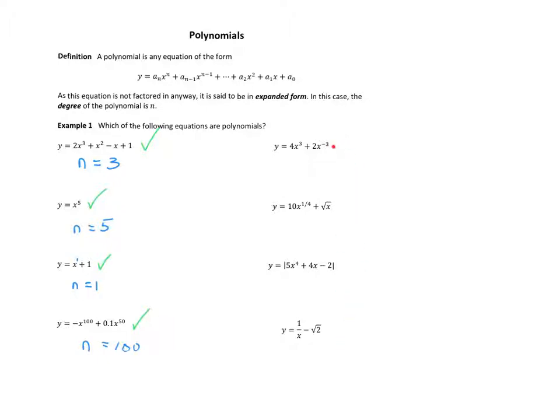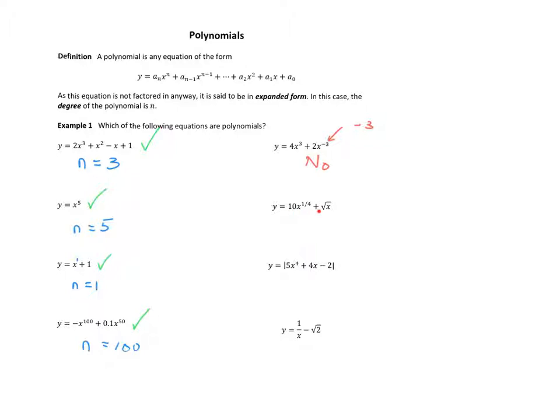Starting with this one here, it kind of looks like a polynomial, but the problem is we have this -3 exponent. And in the definition, all the exponents are either positive integers or there's a number at the end. So just because of this, this is not a polynomial. So I'll just put no, not a polynomial. If you look at this next one, okay, we're adding things together.